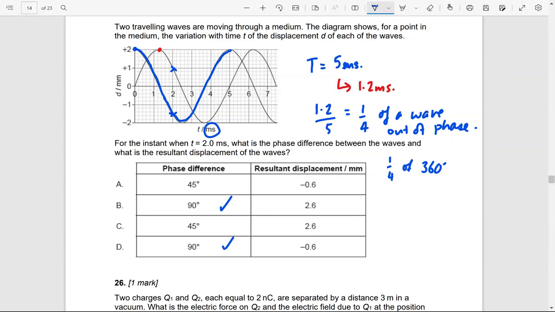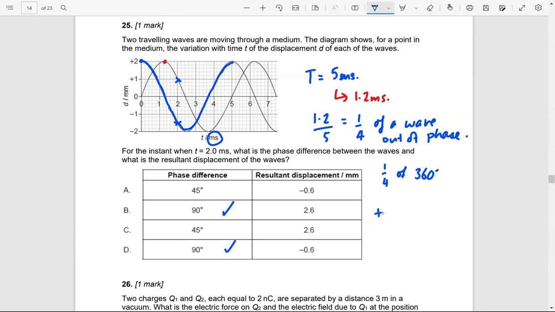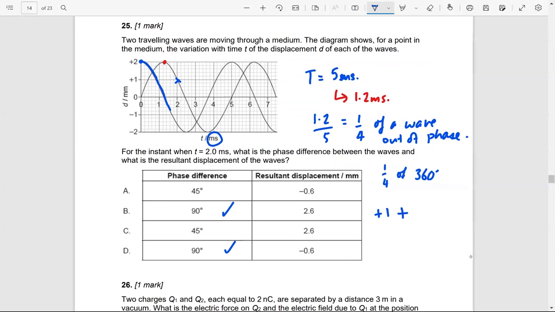So we have a +1 plus a minus, I'm just going to rub out this blue line so I can see it, plus a minus 1.6. Okay, plus and minus 1.6, so the answer is negative 0.6. D is going to be the final answer.